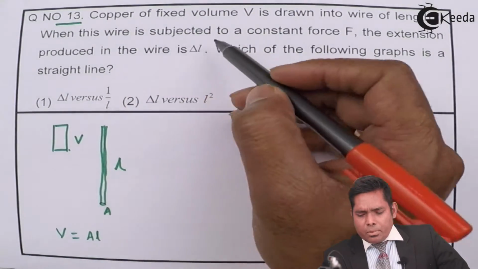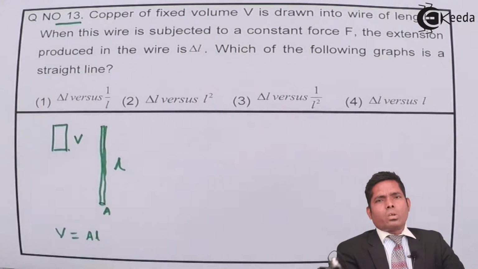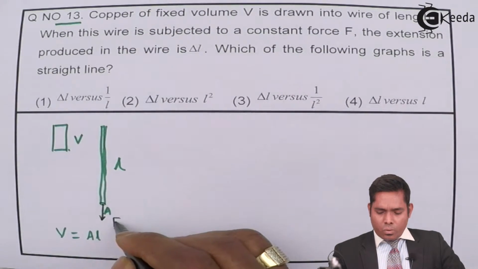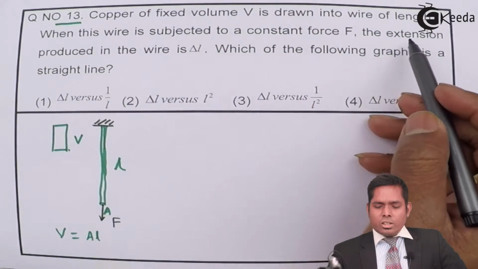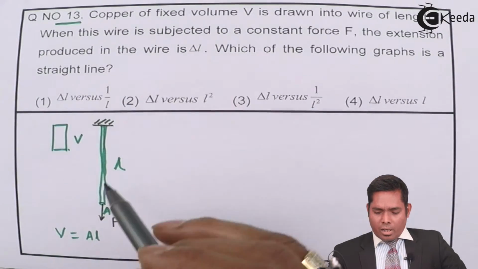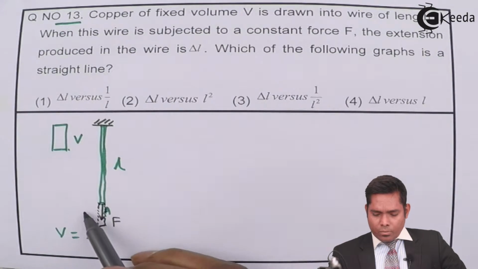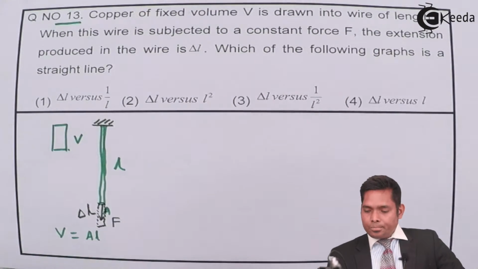When this wire is subjected to a constant force F, the extension produced in the wire is delta L. So because of this application, the wire extends to a certain length, that is your extended length delta L. Which of the following graphs is a straight line?